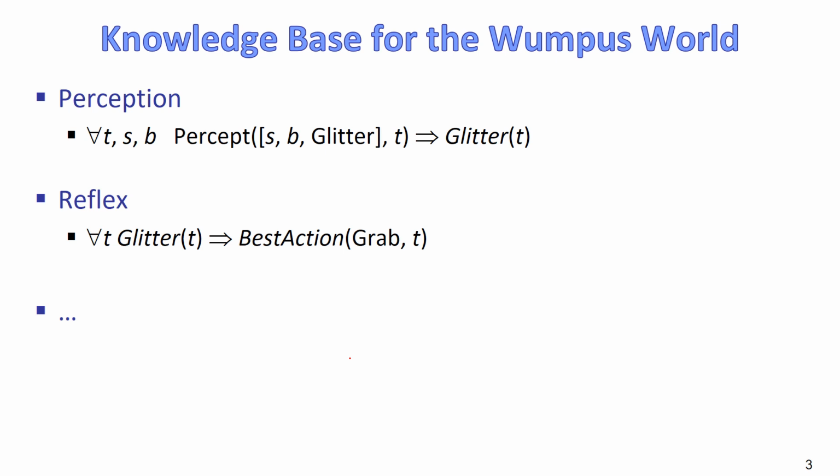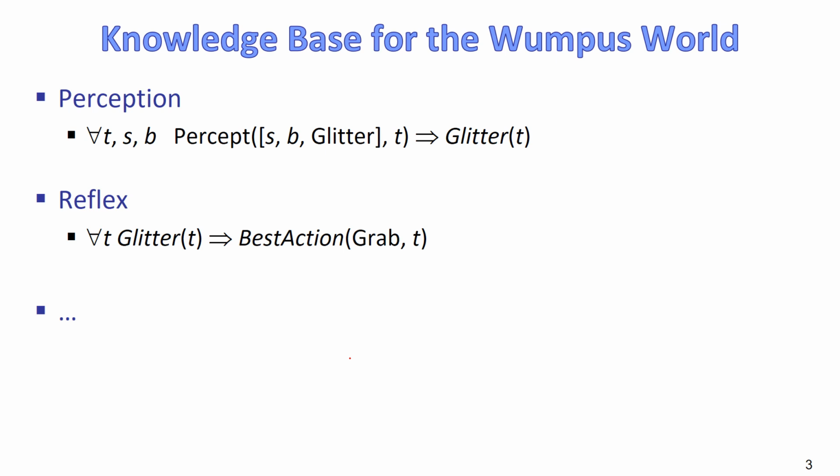And before I do that, I want you to remember always the context of what we are doing. Why are we trying to use first order logic to represent something in these examples? Remember, the context was that we want to build an agent that can make decisions.